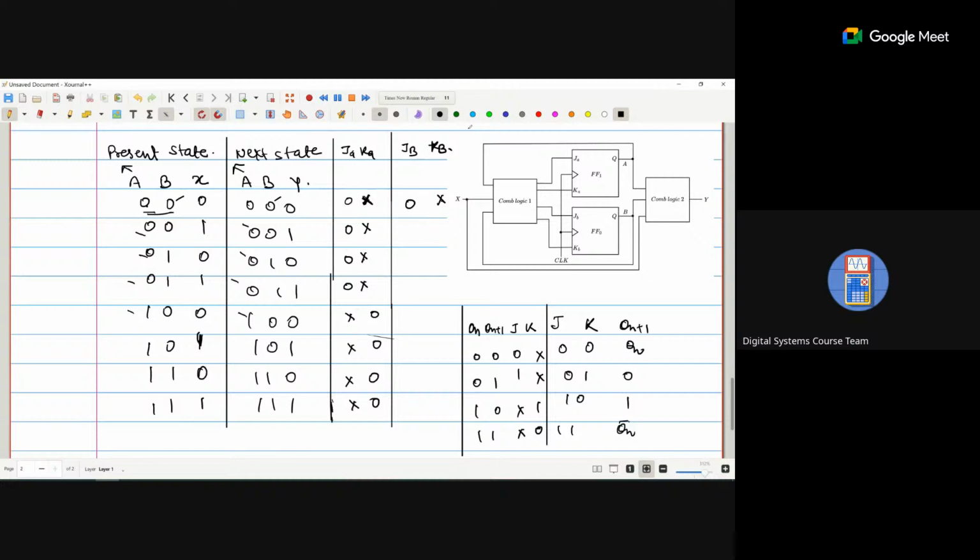Similarly for J_B and K_B: 0 cross, 0 cross, cross 0, cross 0, 0 cross, 0 cross, cross 0, and cross 0.